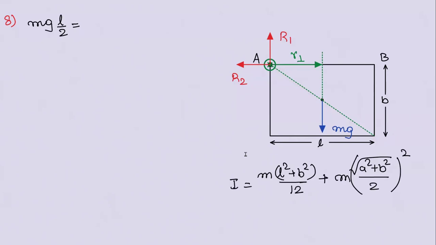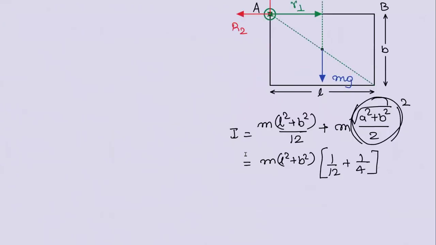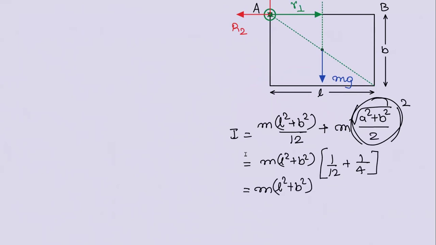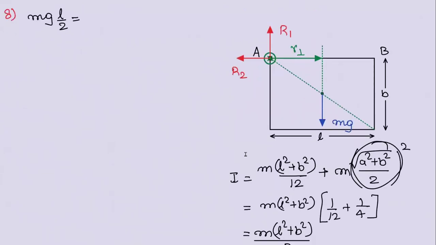That formula I'm using, that is equal to M into L square plus B square. I can take it common. If I take it common, it will be 1 by 12 plus 1 by 4, right? Check it. Then you will end up at, easy, M into L square plus B square by 3. Understood? ML square plus B square by 3. That's the moment of inertia.